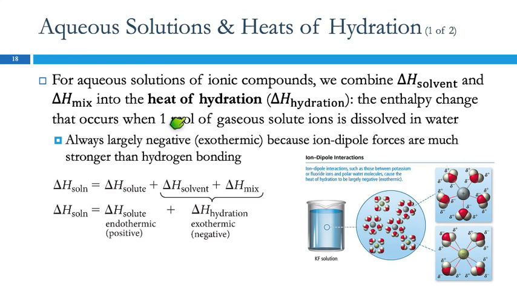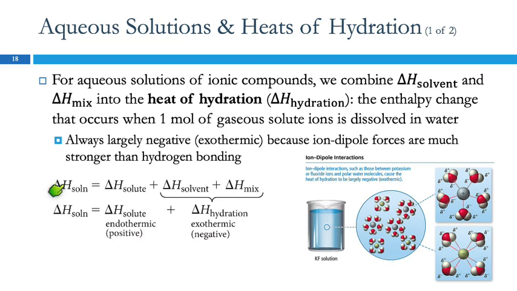We can call that the heat of hydration. So that's the enthalpy change that happens when 1 mole of gaseous solute ions dissolves in water. That is always going to be negative, exothermic, because we've got these ion dipole forces that are much stronger than the hydrogen bonding of the individual water molecules.